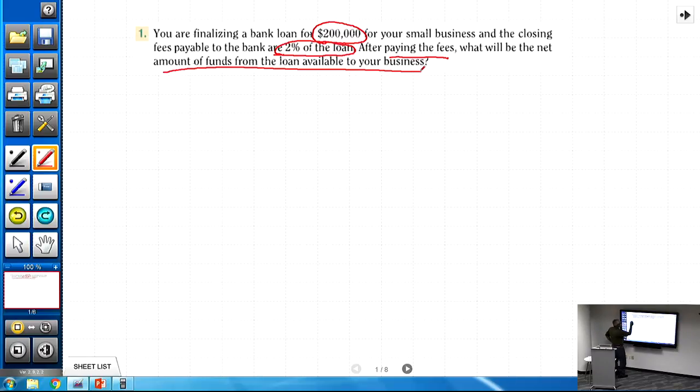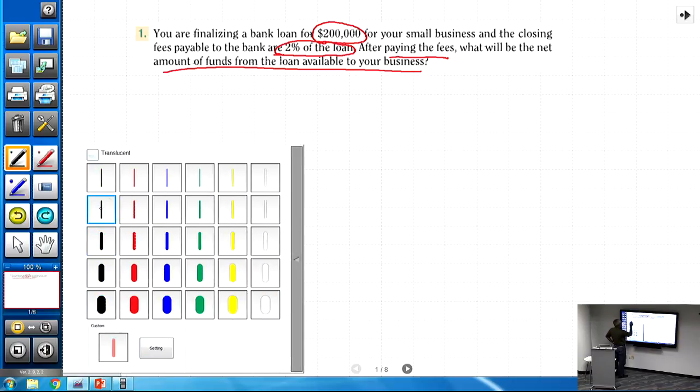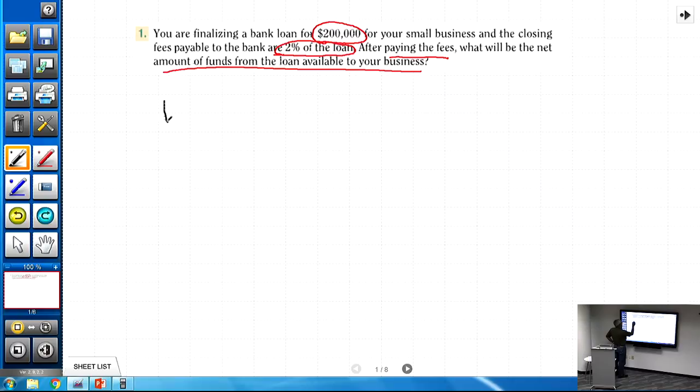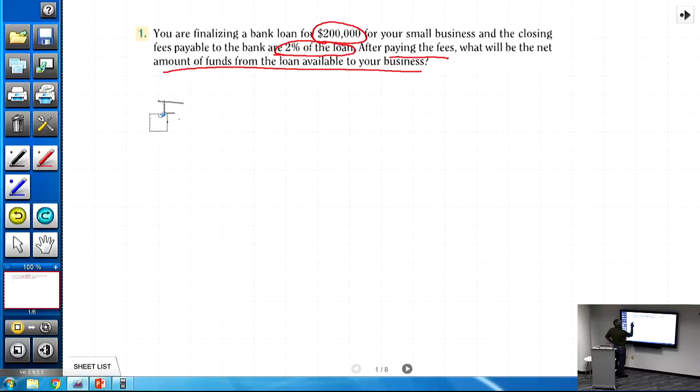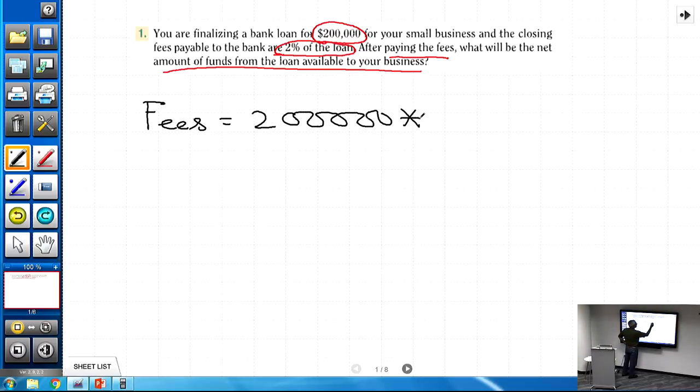So your fees are going to be 200,000 times 2% of that.